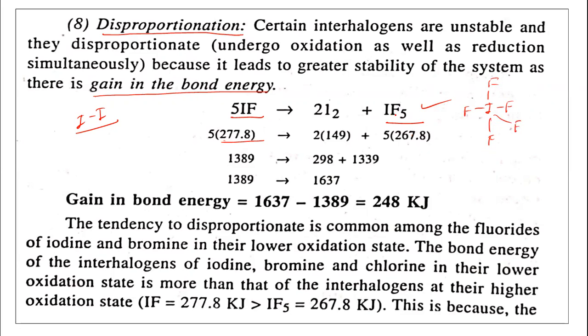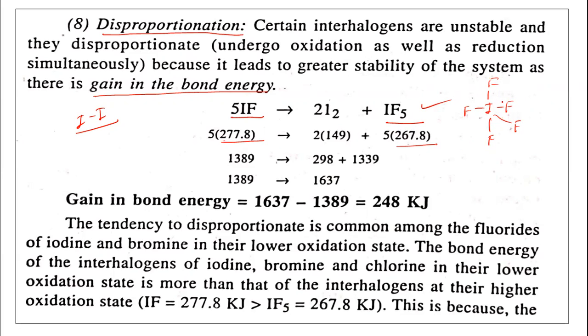Now in IF5, there are 5 IF bonds, so the bond energy is 267.8. There is a difference: even though the bond is the same, the bond energy is highest in IF. In IF5, the single covalent bond energy is less because of crowding.